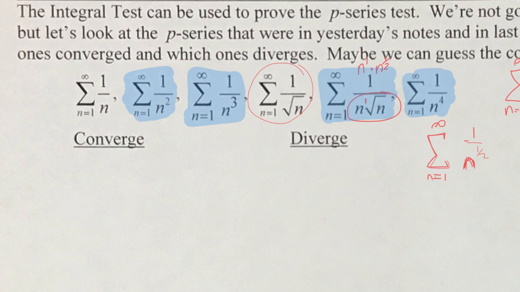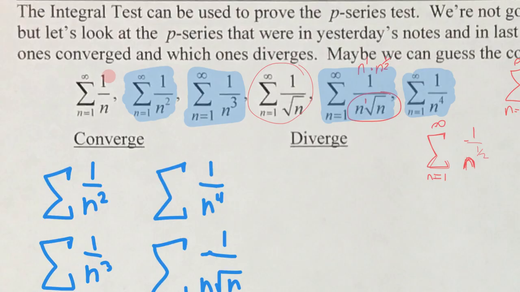So all of those are series that converge to a single number. We can say they converge by the p test, and we just have to tell them what the power of your function is. And then these guys are going to diverge because we have a p-value less than or equal to 1.